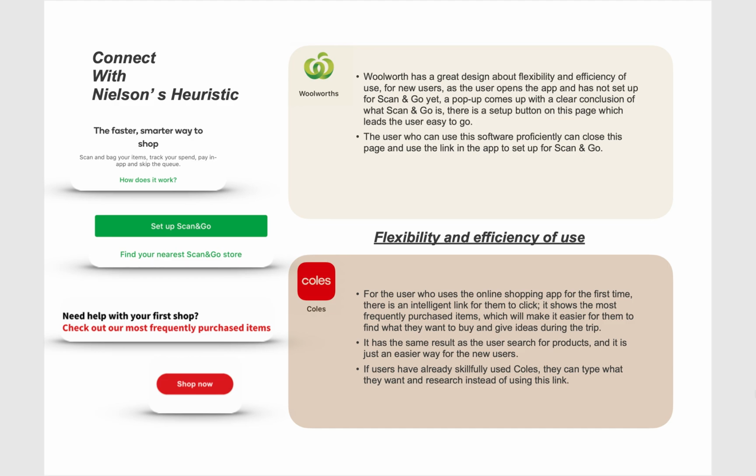It is crucial to give users a sense of security. For example, when users use Woolworths, any page loading has a small dynamic Woolworths logo to remind the user that the page is loading. About Coles, as the user signs up for membership in the Coles app, a status bar shows which step the user is at. It communicates clearly to the users their progress.